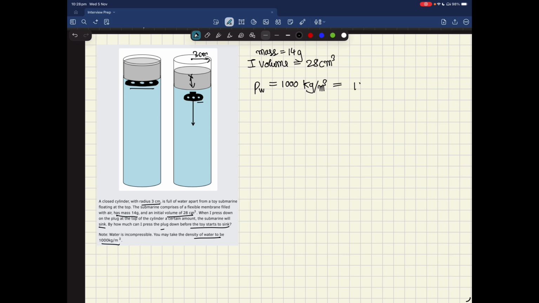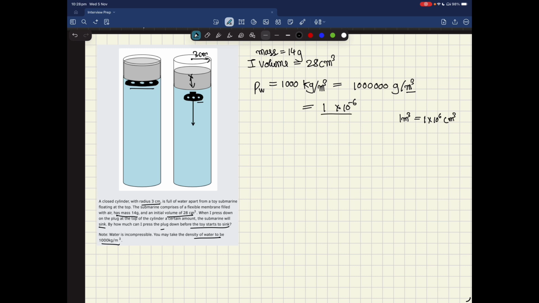So this will be 1,000 times another 1,000 grams per meters cubed, and then 1 meters cubed is 1 times 10 to the 6 centimeters cubed.